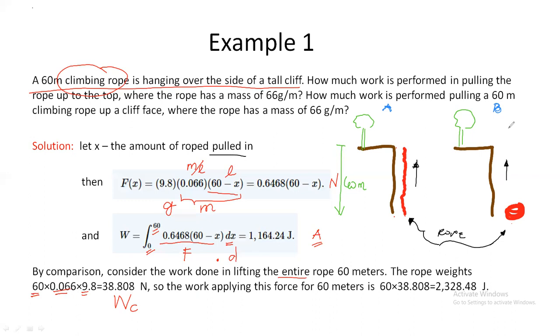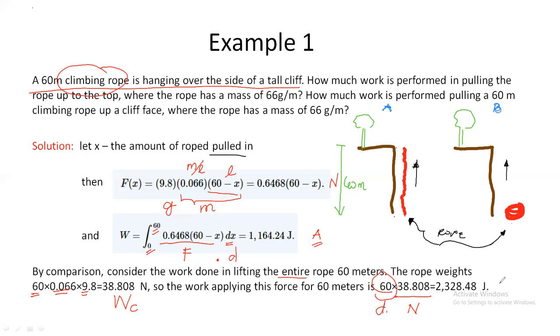The entire 60-meter rope is pulled up. Perform pulling a 60-meter climbing rope up a cliff face. So the work applied for this force is the amount that you have here, which is 38.808. This is Newton, or the constant weight, which will be multiplied to the height of the cliff, which is 60. So this is your displacement.